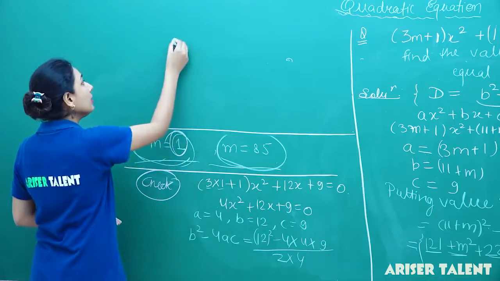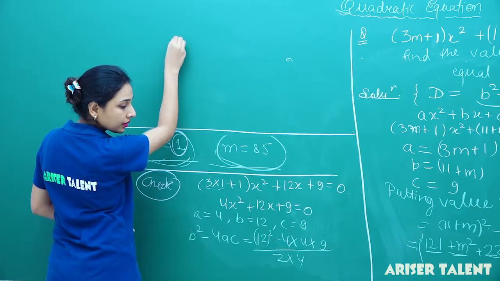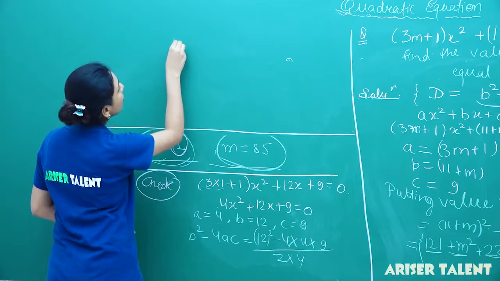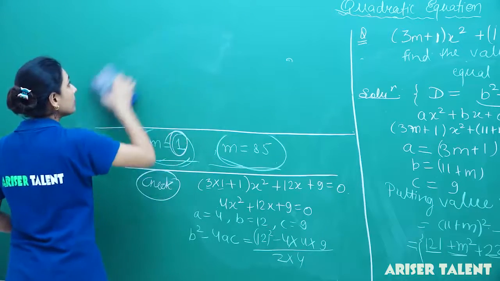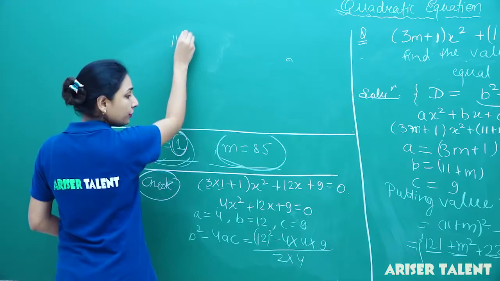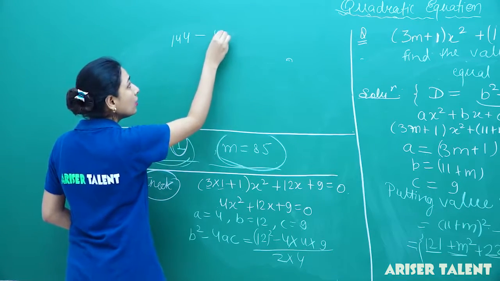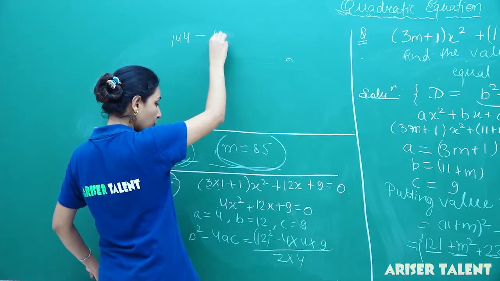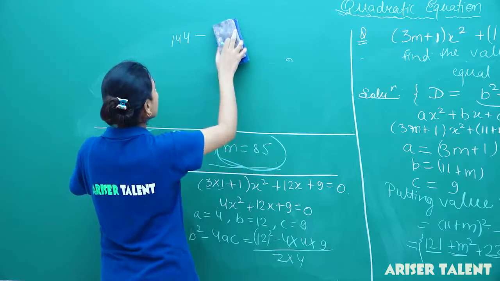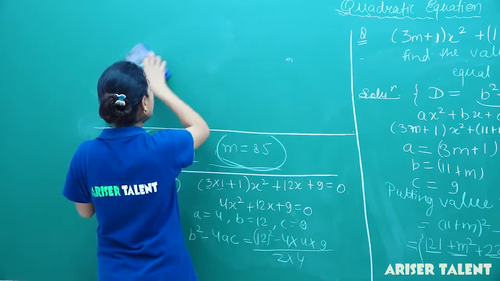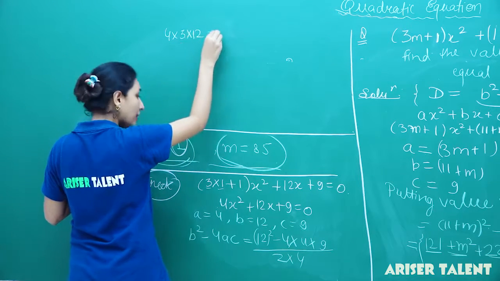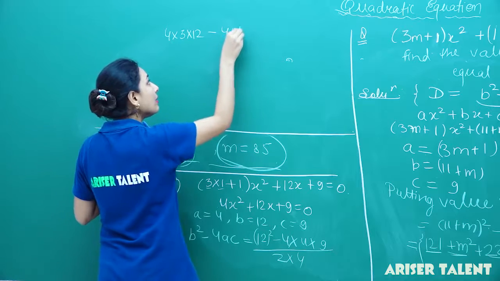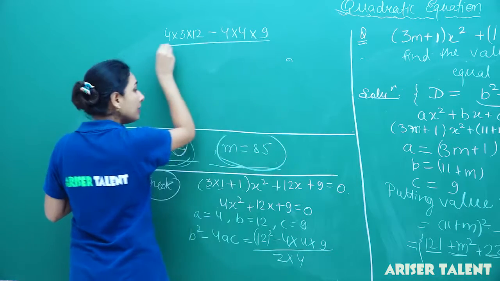Now I am having this 12 multiplied by 12, that is 144. 144 minus 4 multiplied by 4, that is 16. Or I can write it 4 3s are 12, multiplied by 12 minus 4 multiplied by 4 multiplied by 9.